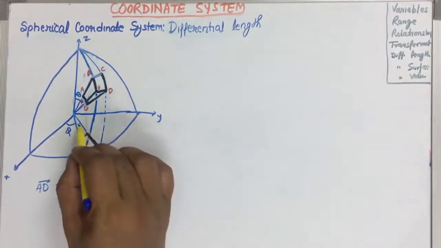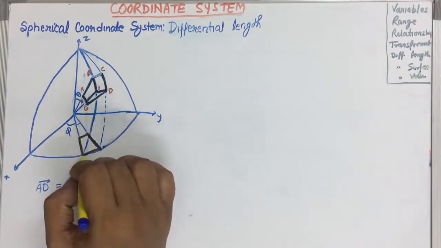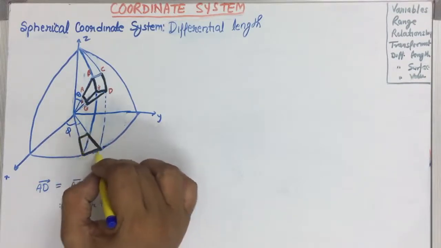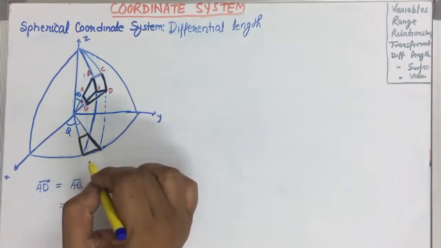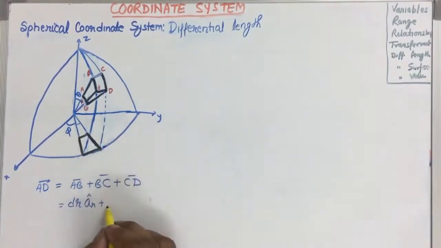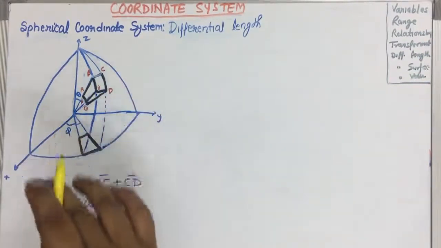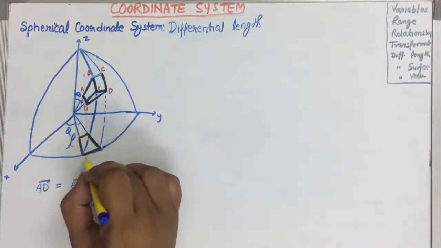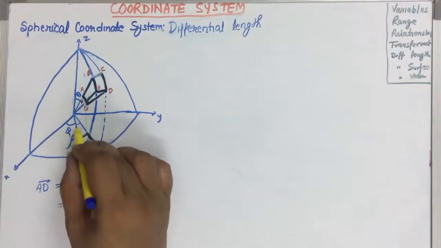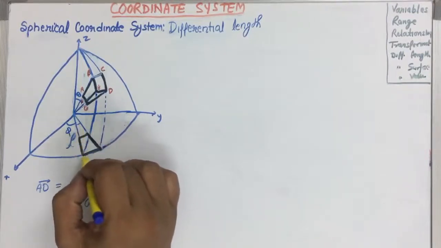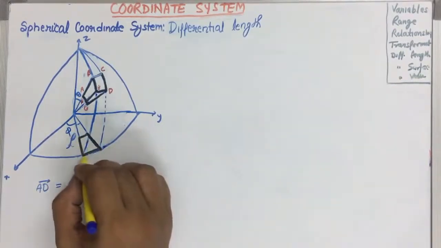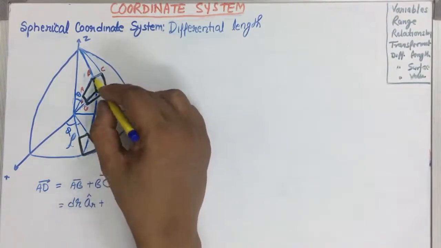If it is a small angular displacement, that is d phi, then the arc will be the radius, which is the projection of this at the xy plane, that is rho, times d phi.